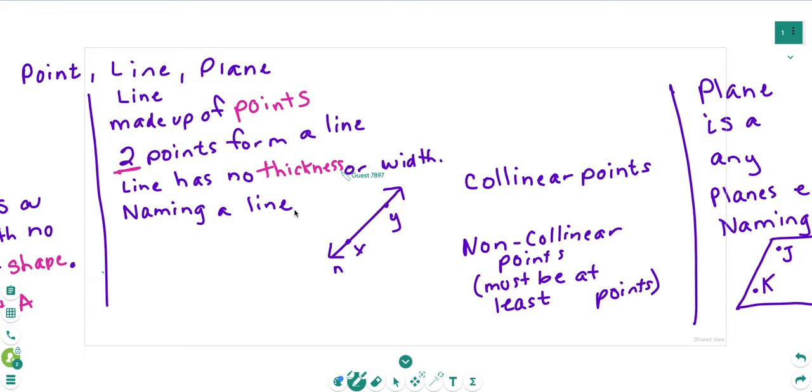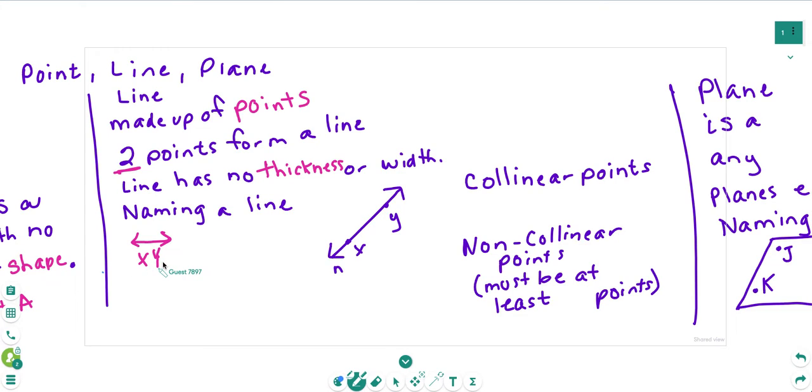Now, when we are naming a line, we're going to need to use a symbol. So the example here for our line, we could name this line with our line symbol XY, using the 2 points that we need to form a line. So line XY.